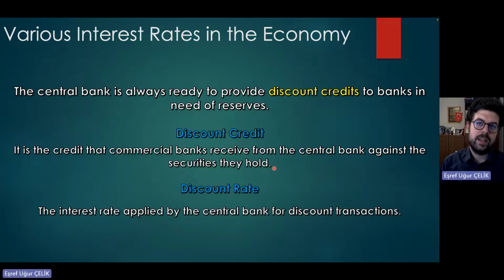Who is going to decide the discount credit rate? And also that is not called discount credit rate. Discount rate is more appropriate. That is decided by the central bank for the discount transactions.